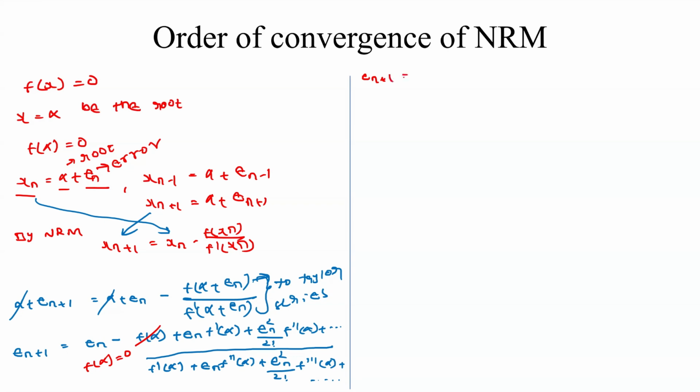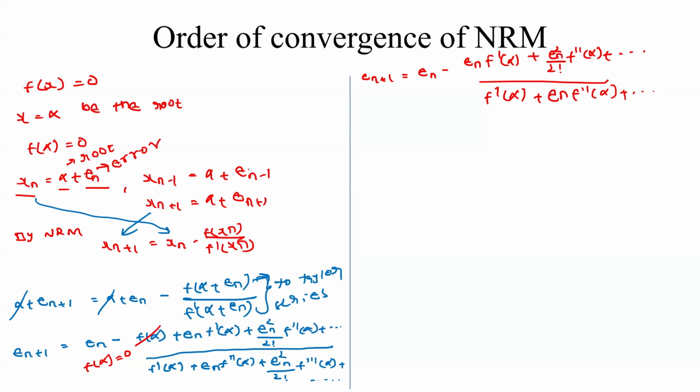So en plus 1 is equal to en minus en plus e square n by 2 factorial into f double dash of alpha plus, and so on, by f dash of alpha plus en into f double dash of alpha, and so on.